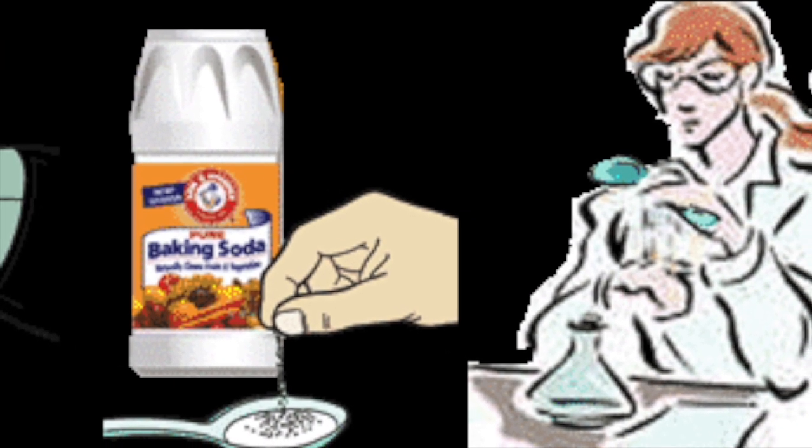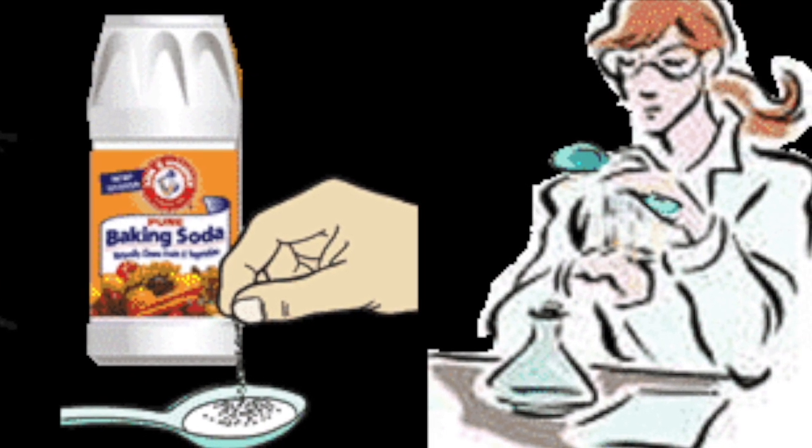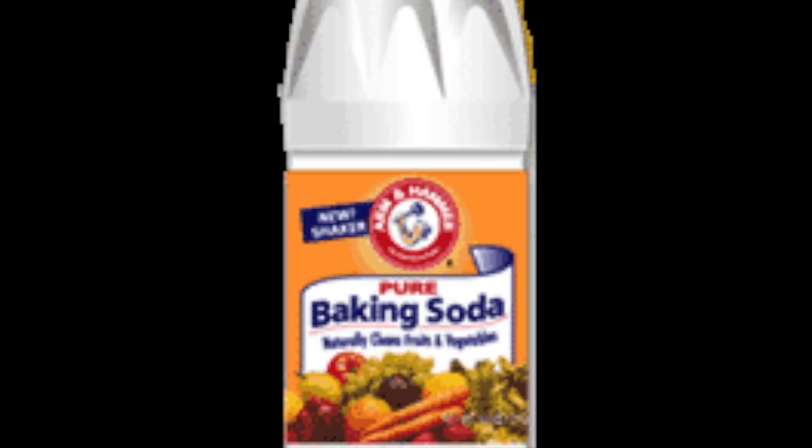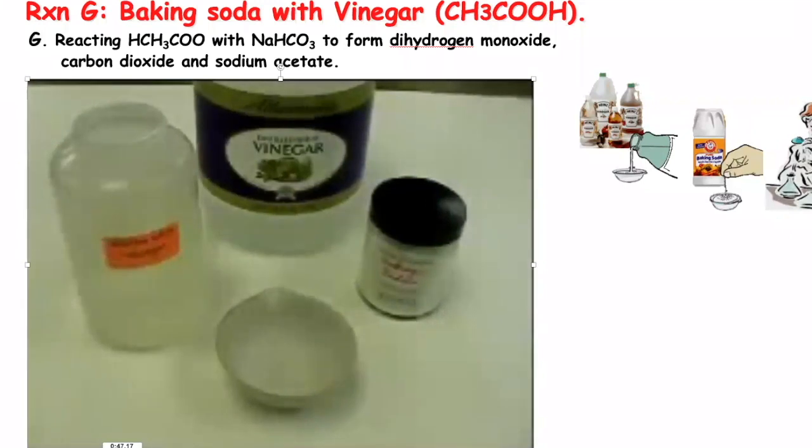It's also called the volcano experiment. What you need to do here is get some baking soda and some vinegar. We're going to put some baking soda in a petri dish and then add vinegar to that.